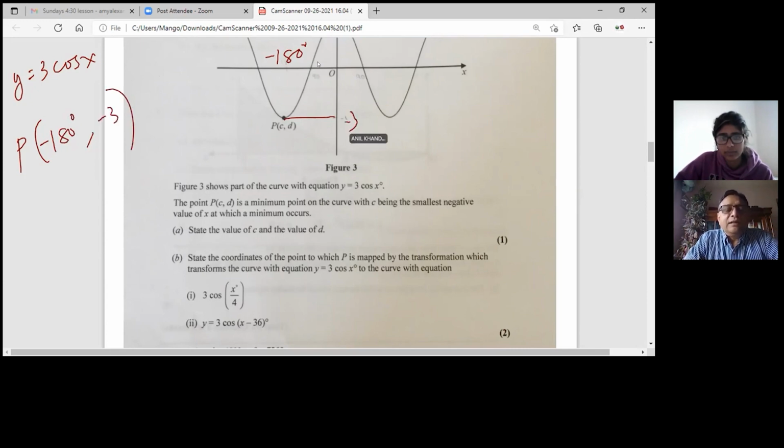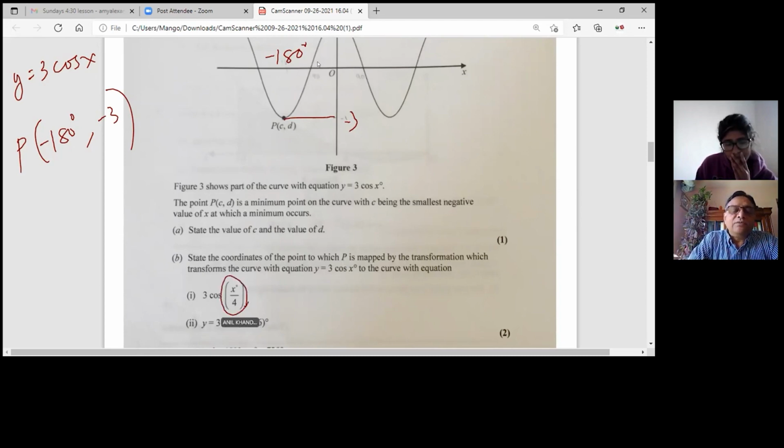Correct. That's fine. And now part B. It says state the coordinates of the point to which P is mapped by the transformation which transforms the curve with the equation y equals 3 cos x to the curve with the equation, part i, y equals 3 cos of x over 4. So you have to map P to the new function. In the function, we have only horizontally stretched by a factor of 4, right?